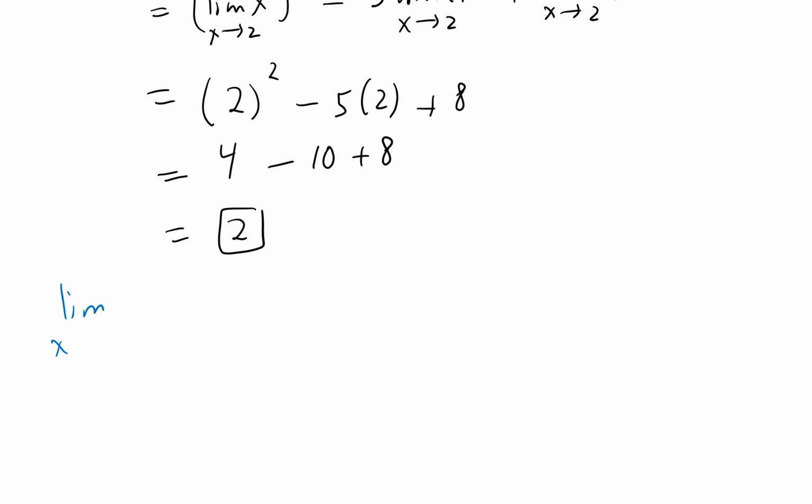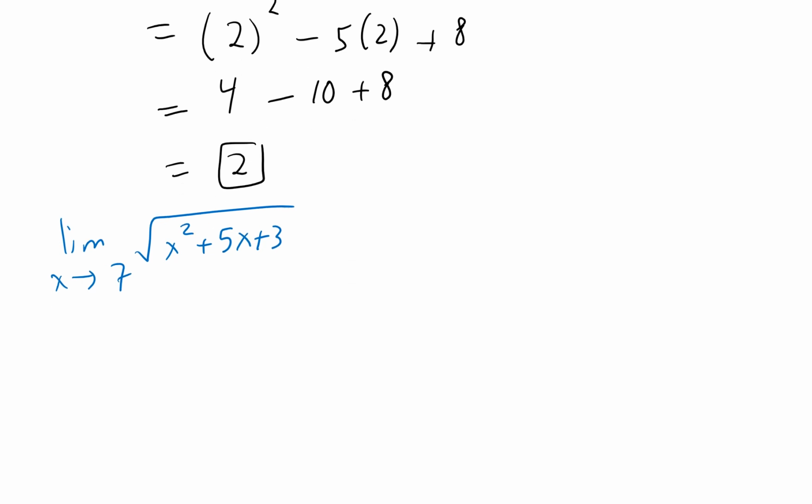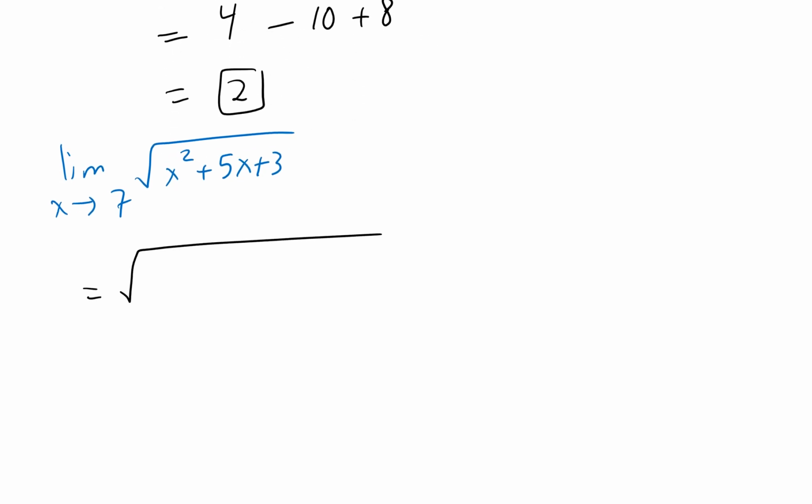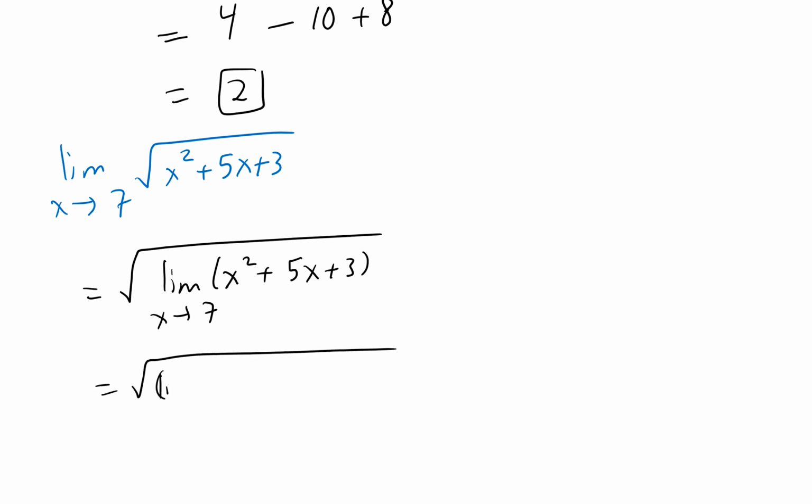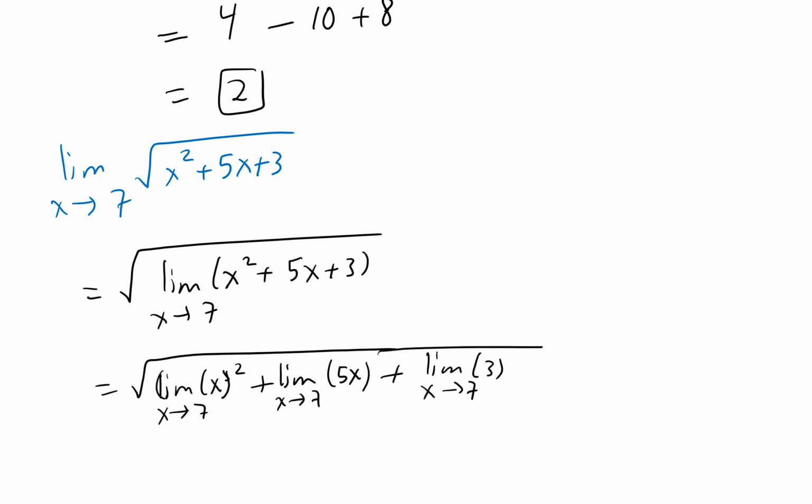Let's look at another example. The limit as x goes to 7 of the square root of x squared plus 5x plus 3. The way this works is you move the limit inside, and then we do the same thing: the limit of the first one, the limit of the second one as x approaches 7, and the limit of the third one as x approaches 7.